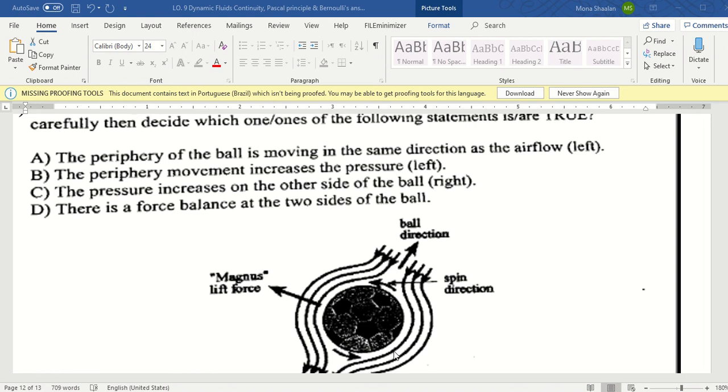There is a region of lower speed that creates a higher pressure region, so it will be lifted up in this direction, and then according to Newton's third law, it returns back and so on. Okay, so A and C are the right ones. There is a force balance at two sides of the ball? Of course not. The forces here are variable forces. Okay.